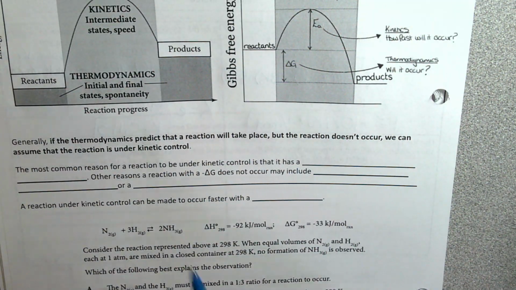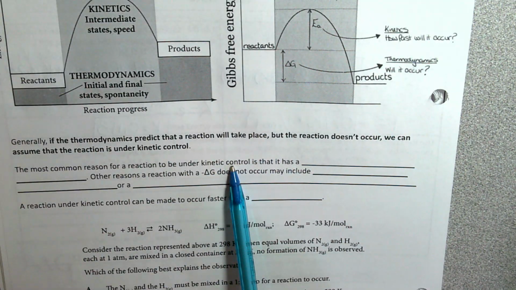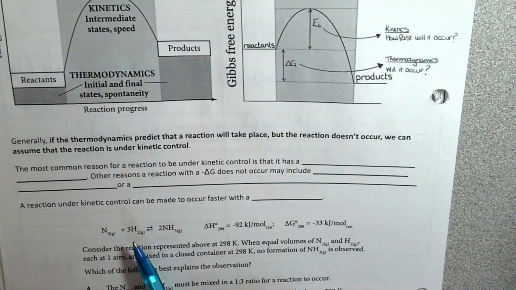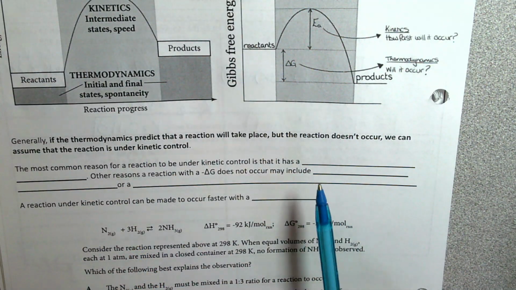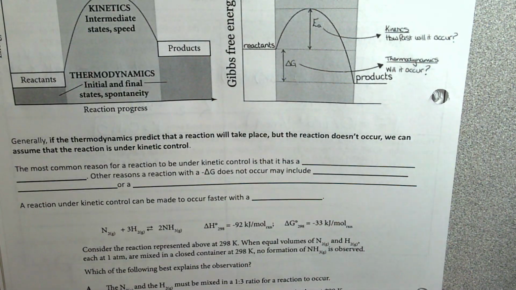If a reaction is under kinetic control, it has a high activation energy, which could be due to unfavorable orientations or a high number of molecules not colliding.